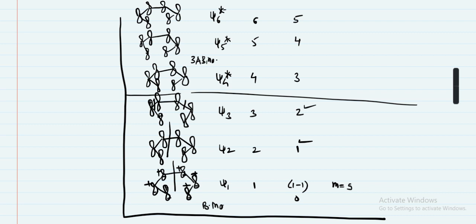The lower 3 are the bonding molecular orbitals, therefore we have to give the nodes at these positions. Therefore positive, positive, negative, negative; the node is there, positive, positive, then negative, negative, bonding is possible, and then the sign changes to positive, positive. Such type of bonding is possible in this case.